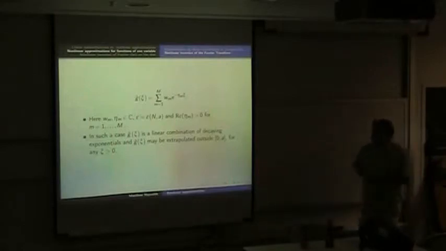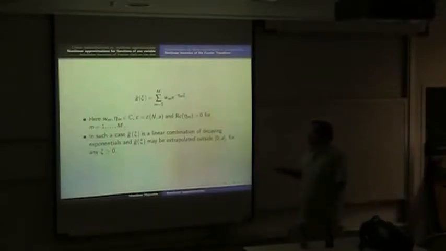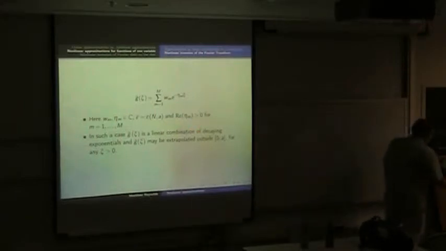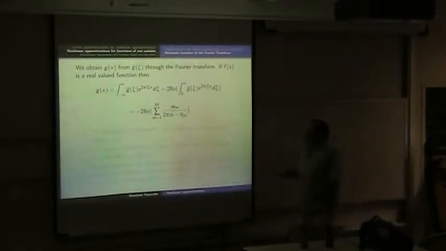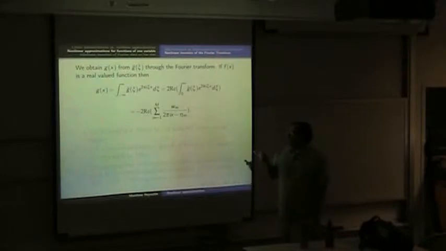Once again, just a reminder, the weights and the exponents are complex valued. The error depends on the number of initial samples and the length of your interval. And we have that we're working with decaying exponentials. So in such a case, we can extrapolate and then obtain our function from our approximation g hat through a Fourier transform.